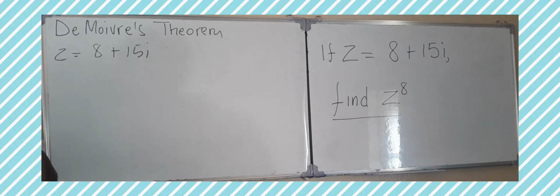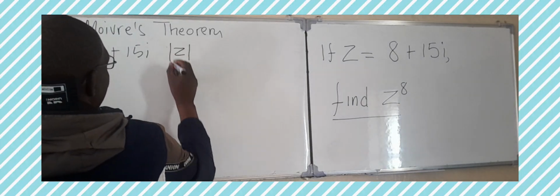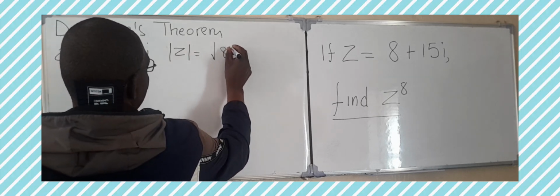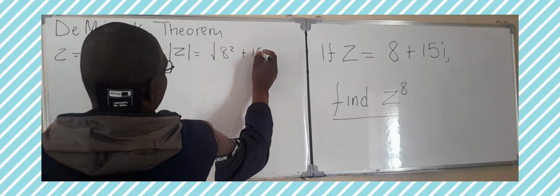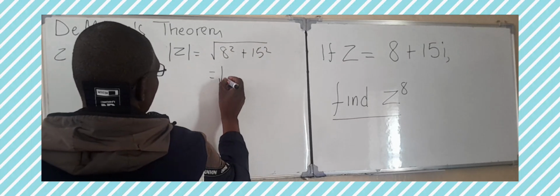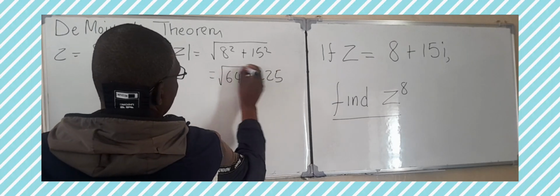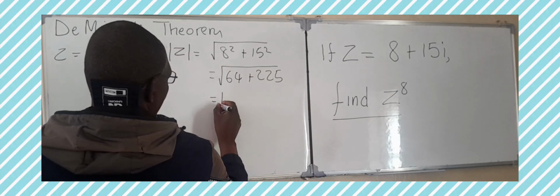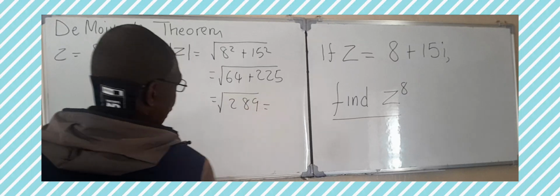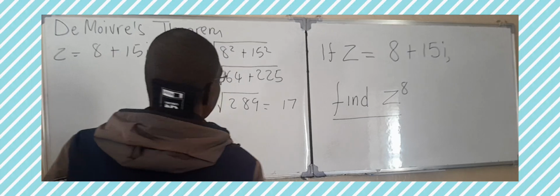First of all, we need to calculate the modulus of Z. So the modulus of Z is equal to the square root of 8 squared plus 15 squared, which is equal to the square root of 64 plus 225, and that should add to the square root of 289, which from the calculations I did previously is equal to 17.